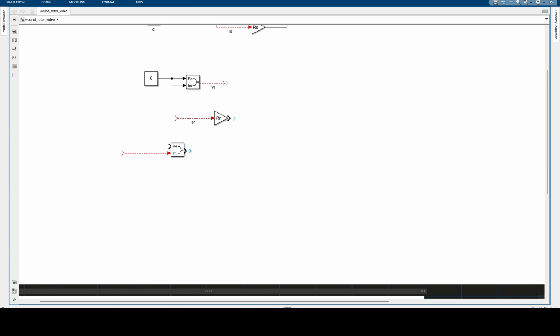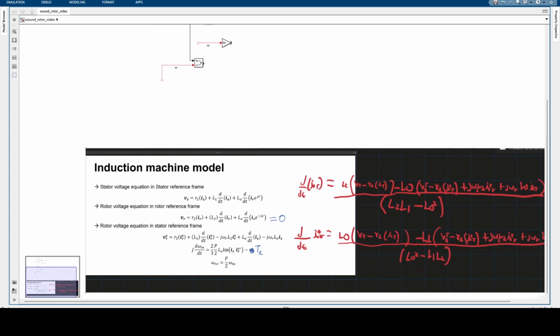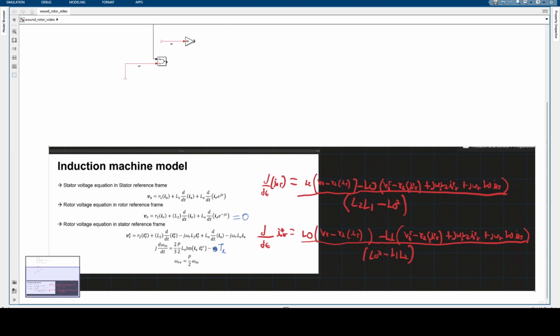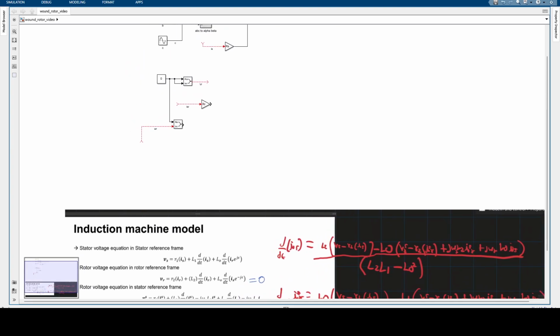Here we are going to have our J omega, our omega in electrical, so omega R. And we know that this doesn't have a real part, so I'm just going to connect it here to a 0. So this is our J omega R, and we multiply it by L2 ISR.